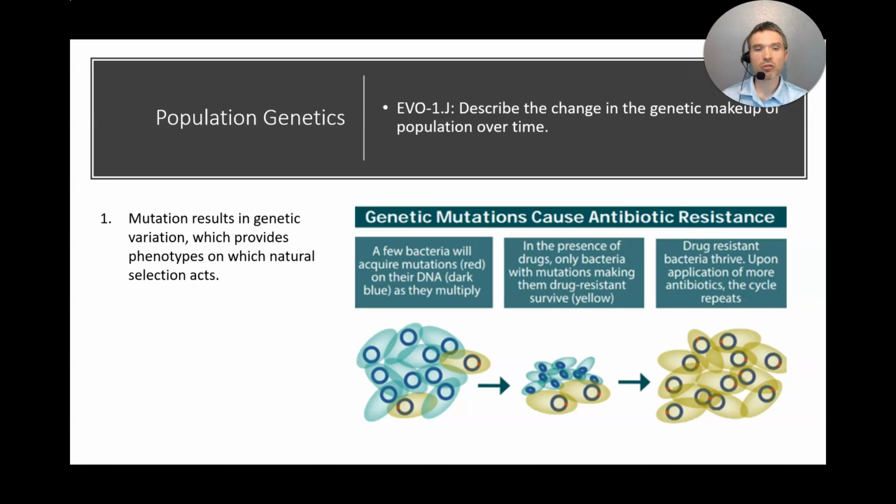But our drug-resistant yellow bacteria no longer have to compete against the blue bacteria, and they reside in your gut. So that's how antibiotic resistance can occur, and that's how these random mutations can drive natural selection. Because those bacteria were naturally resistant to the drug, they have a selective advantage.